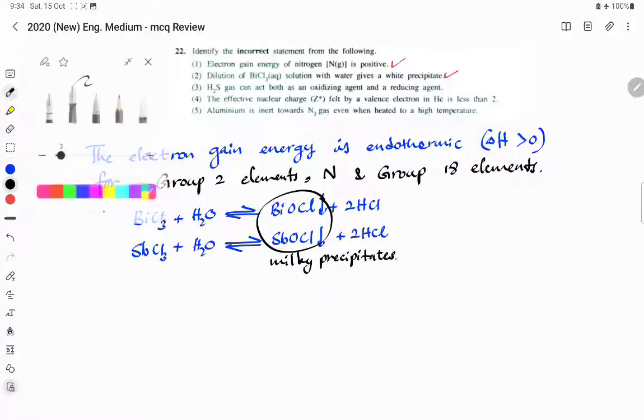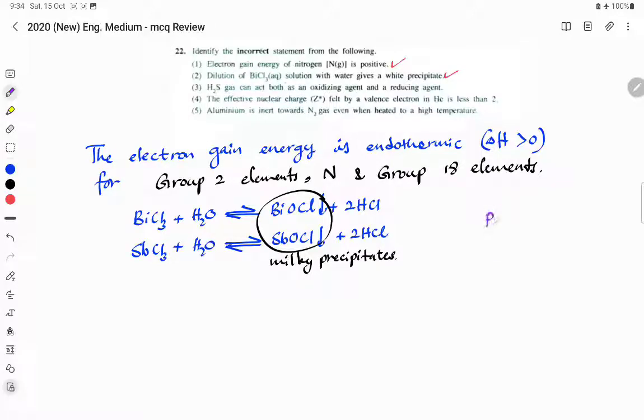There's a simple method that you can use to remember these reactions. Let's say BiCl3 can be drawn like this, and this reaction takes place only with a limited amount of water. Even if you add more water, this reaction won't take place further because of this precipitate. So we can simply memorize the reaction like this.